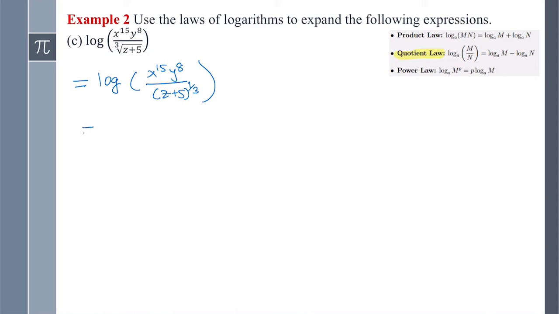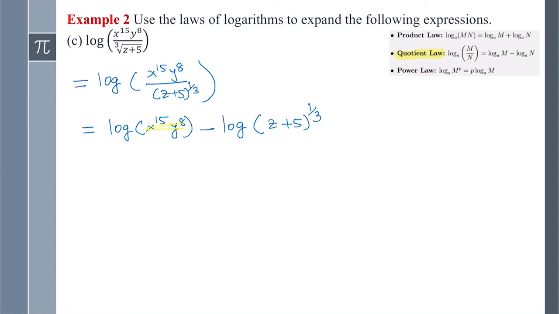So this equals log x to the 15th y to the 8th minus log z plus 5 to the 1/3. Now again, in the first one, we have a product.